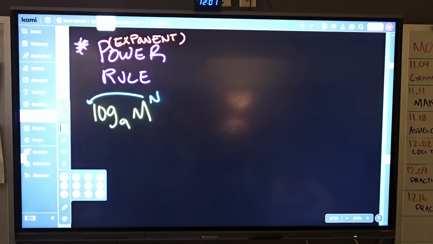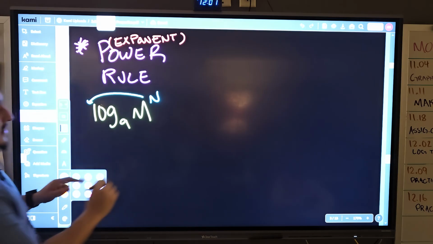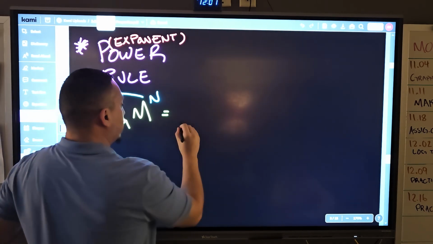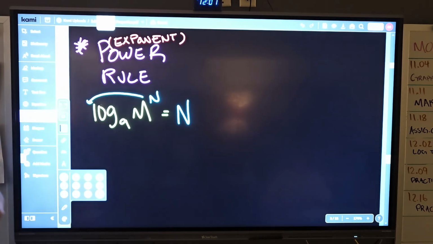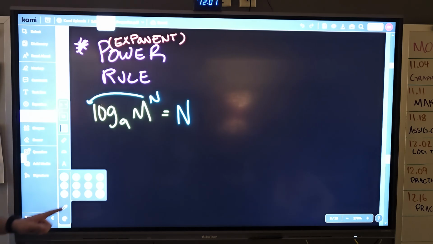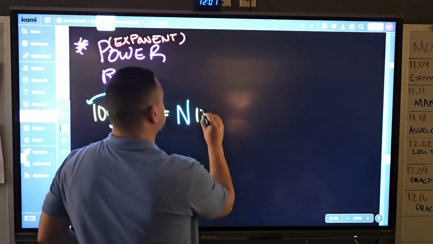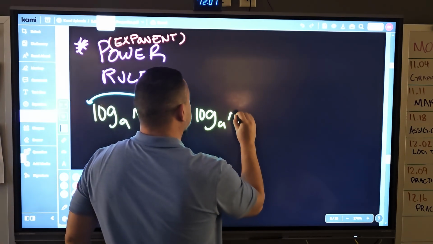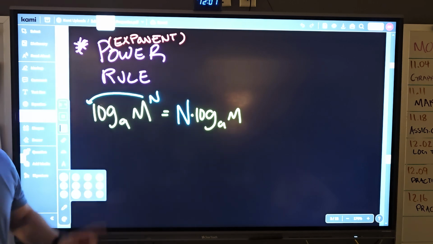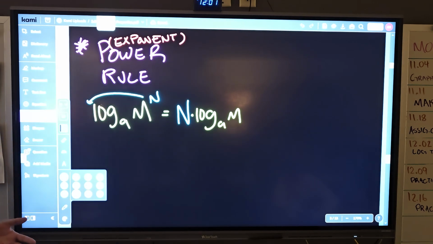It can drop to the front, and then it's not a power no more. It becomes something you're multiplying by in the front. Or vice versa. If you have something in the front, you could put it back up as a power.